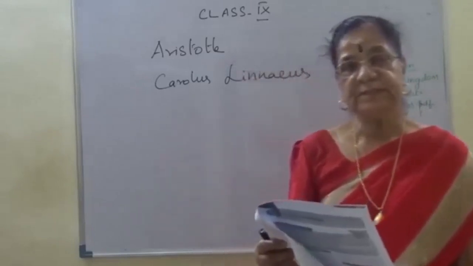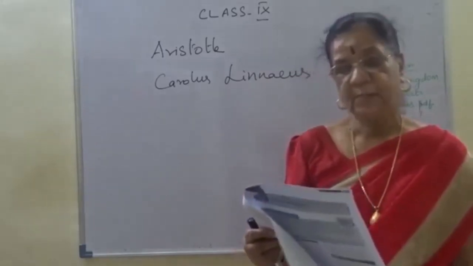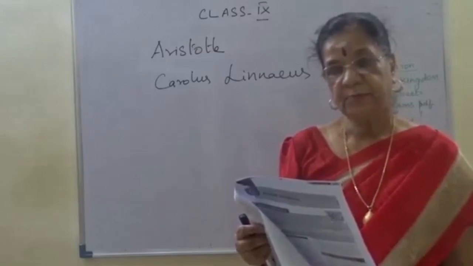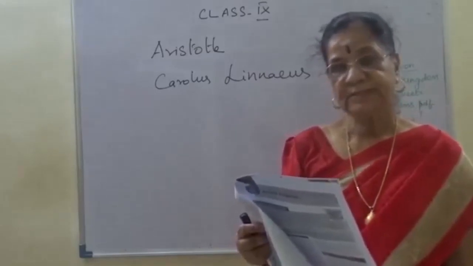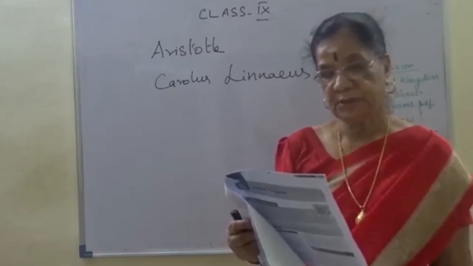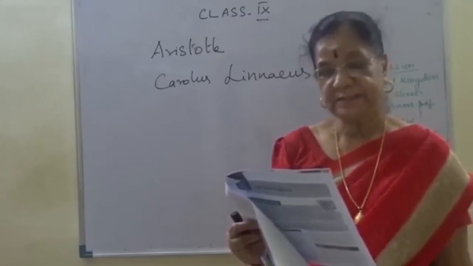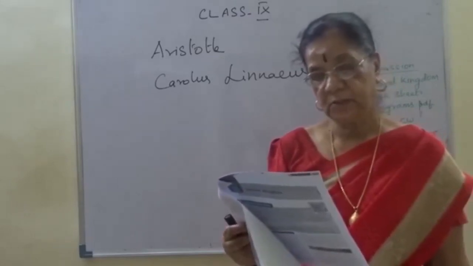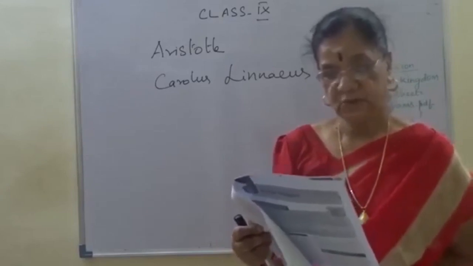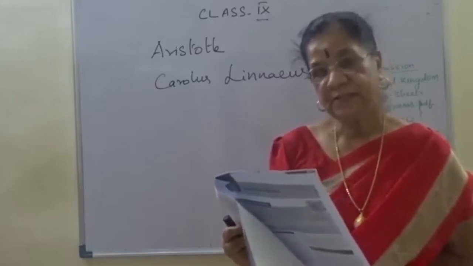Here there are some common names and their binomials: amoeba, Amoeba proteus; Hydra, Hydra vulgaris; tapeworm, Taenia solium; roundworm, Ascaris lumbricoides; earthworm, there are 2 names, one is Lampito mauritii and Perionyx excavatus; leech, Hirudinaria granulosa; cockroach, Periplaneta americana; snail, Pila globosa; starfish, Asterias rubens; and frog, Rana hexadactyla.